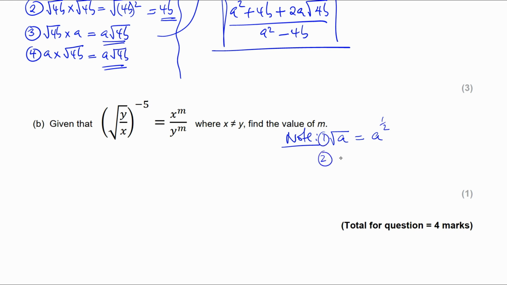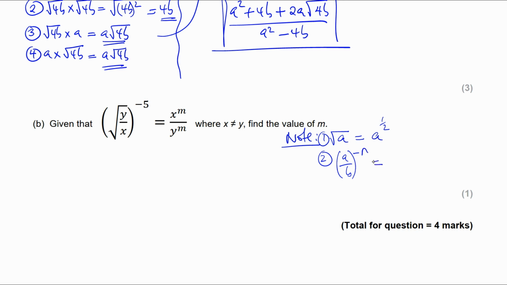Second thing you have to remember is that, let's say if you have a over b to the power of, let me use negative n, because m has been used in this question.